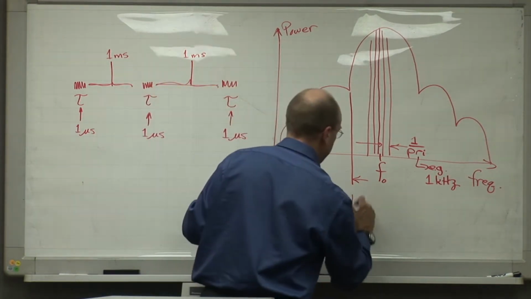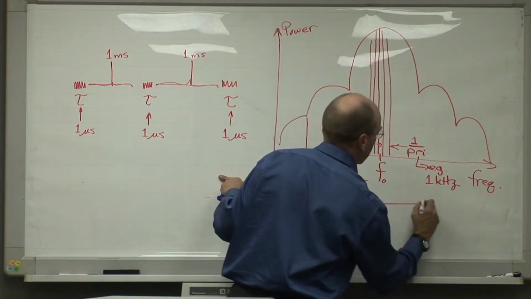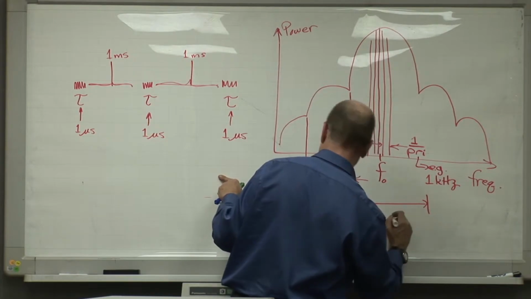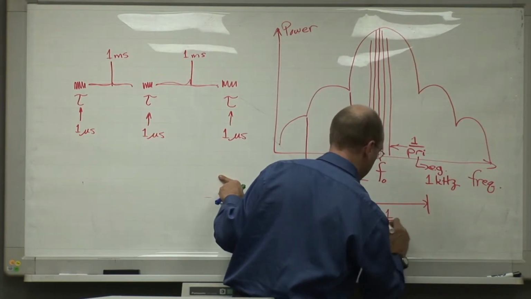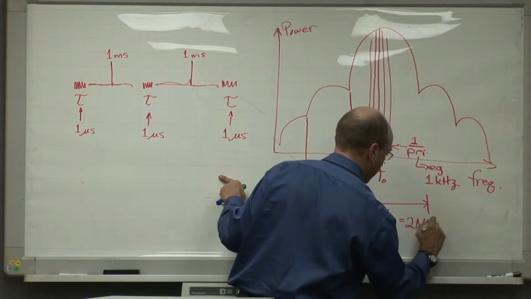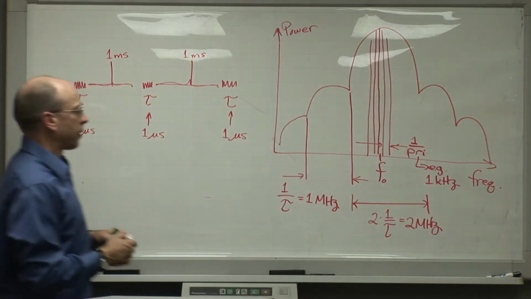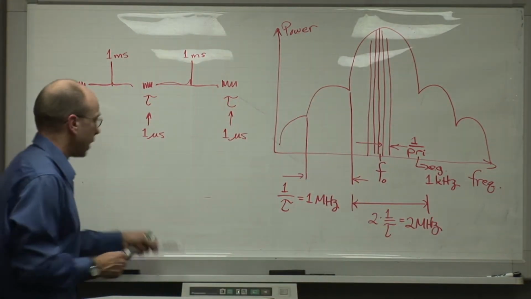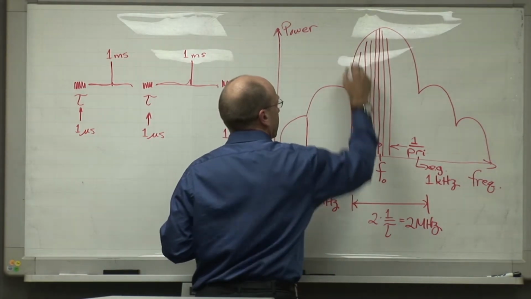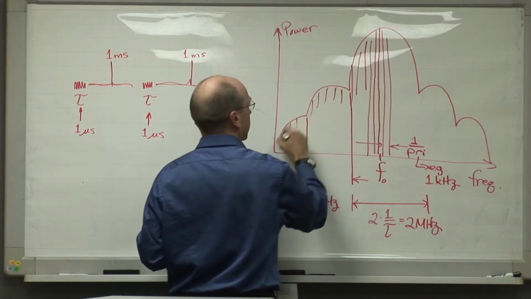And the width of the center lobe is 2 times 1 over tau. So for this example, it would be 2 megahertz wide right here. So far, so good. And again, bear in mind that these are lines going all the way across through here, like so.